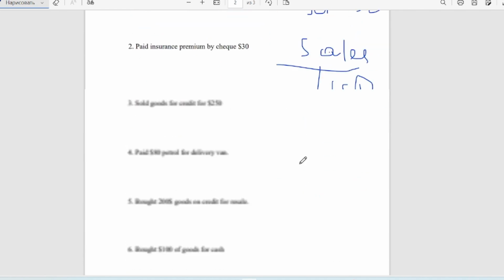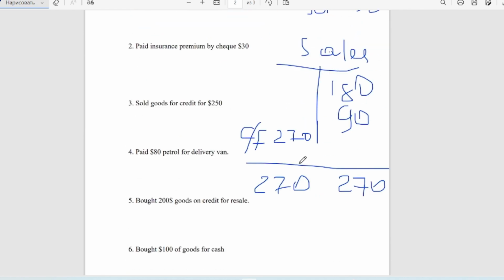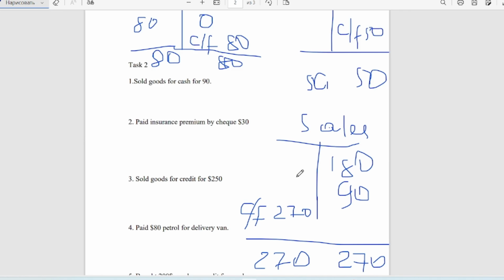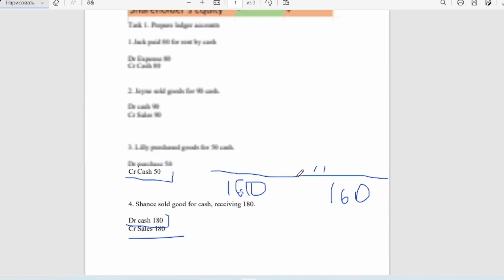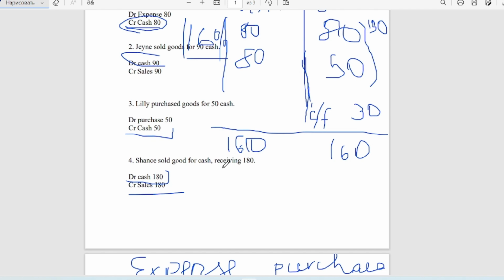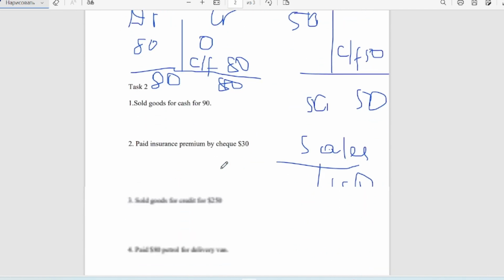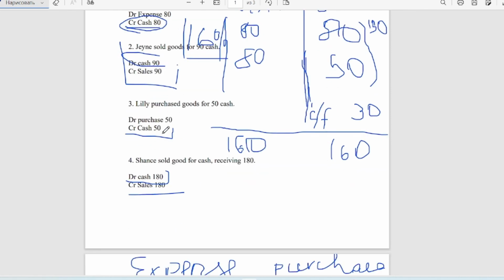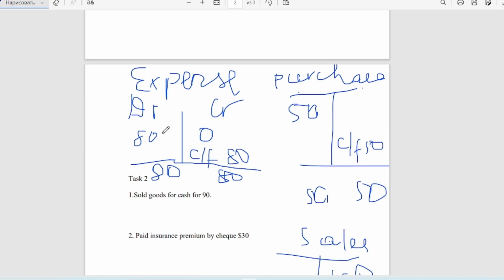Why do we need it? Because for making trial balance, and in further levels we are going to learn about making trial balance. For now you have to do more and more practice about this double entry, where you have to write cash, sales, purchase, and etc.